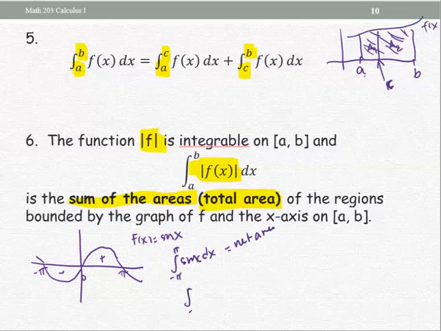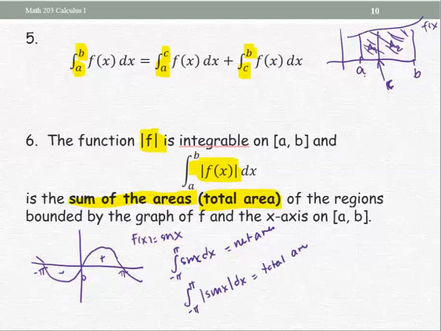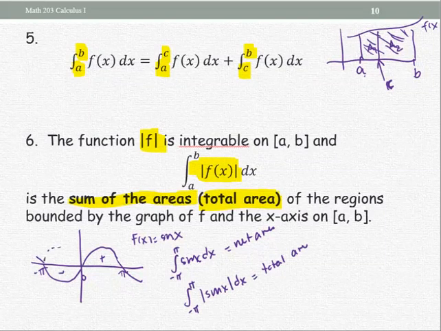But the integral from negative pi to pi of the absolute value of sine x with respect to x is going to give the total area. That means the negative part will become a positive part and then be added to the other part, so it represents the total area of the graph.